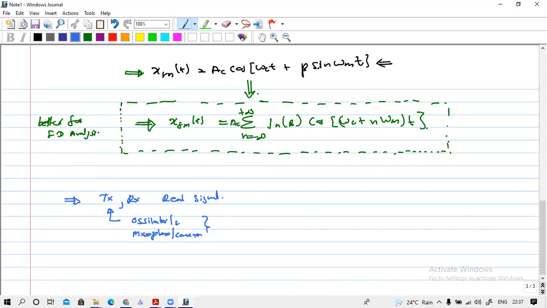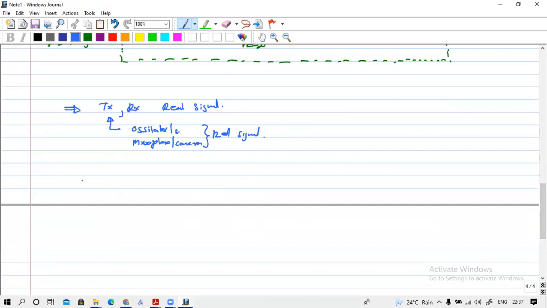These are real signals, not complex signals. But for analytical purposes, we sometimes represent this transmitting and receiving real signal as a part of a complex signal.